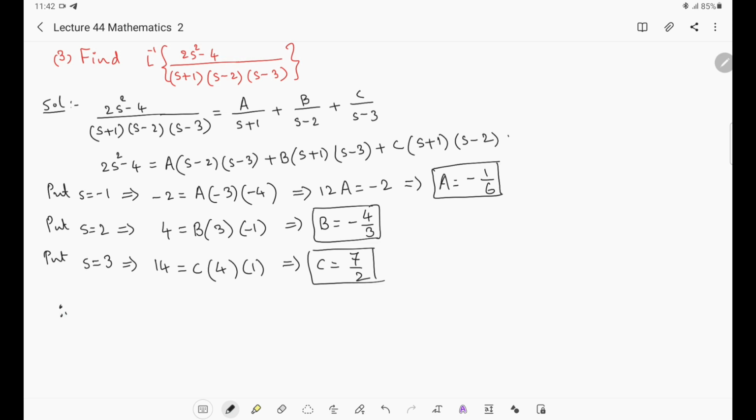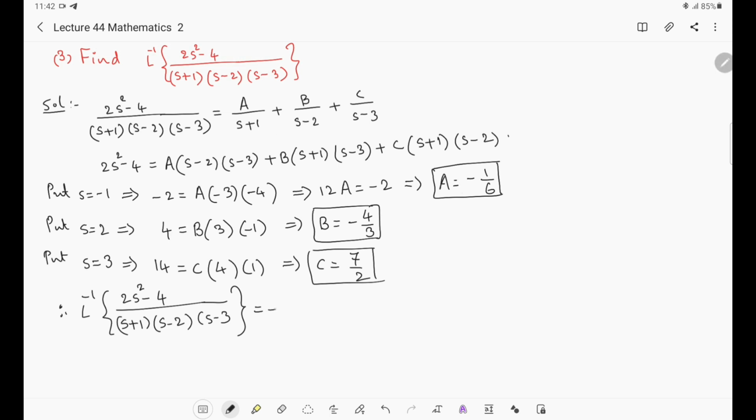Therefore now you apply the Laplace inverse for this. So Laplace inverse of (2s square minus 4) by (s plus 1)(s minus 2)(s minus 3). This is equal to a into Laplace inverse of 1 by s plus 1. What is a now?